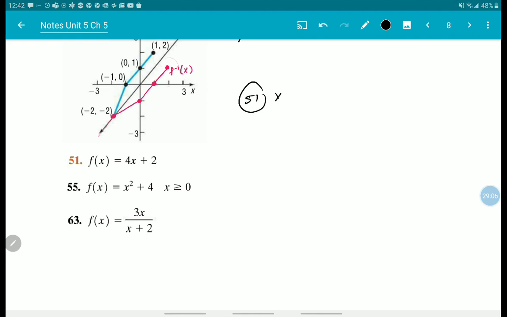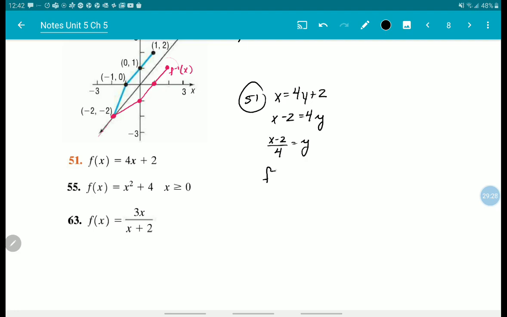So we're going to rewrite this as x equals 4y plus 2. Then we're going to solve this new equation for y. So let's subtract 2, and then let's divide by 4. So there's our inverse function.